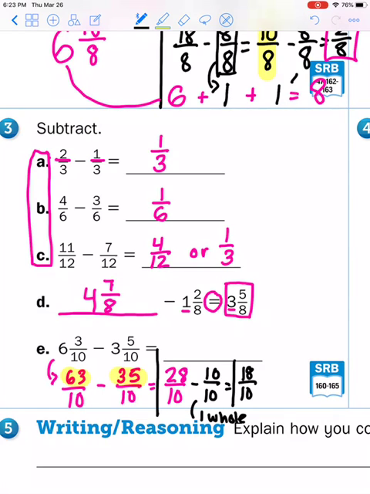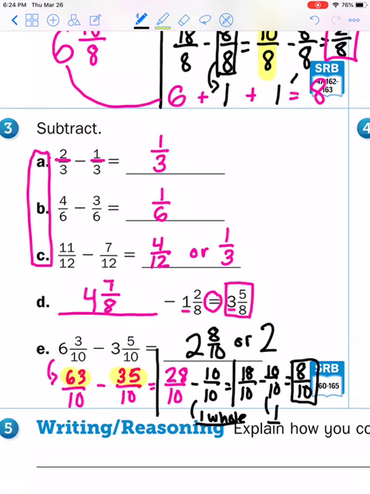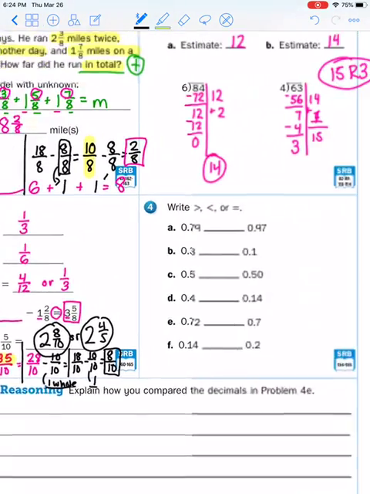Now, I could take another 10 tenths out of here, and I'm left with 8 tenths. So I took out 2 wholes, and I'm left with 8 tenths. So my answer is 2 8/10, or if you want to simplify, 2 4/5. Either answer is going to be acceptable.